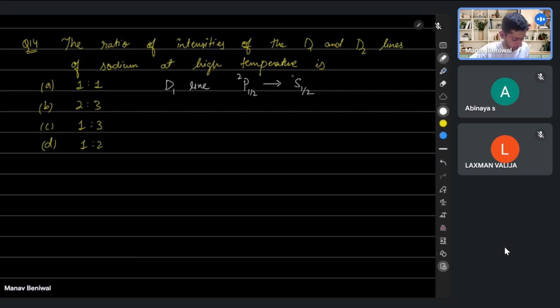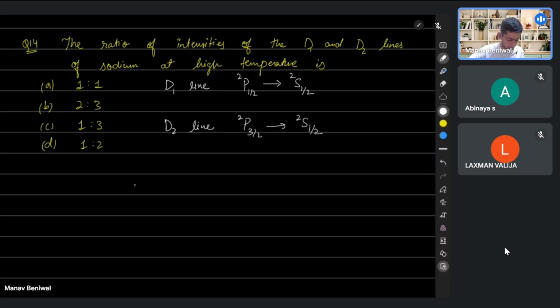Okay, let's write 2 here. And for the D2 line, the transition happens from 2P3/2 to 2S1/2, right?